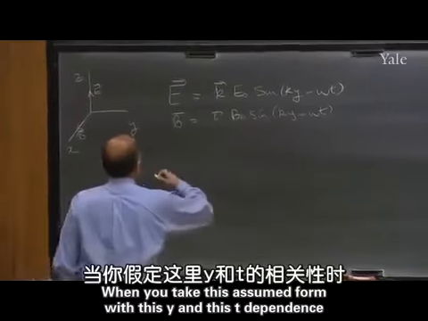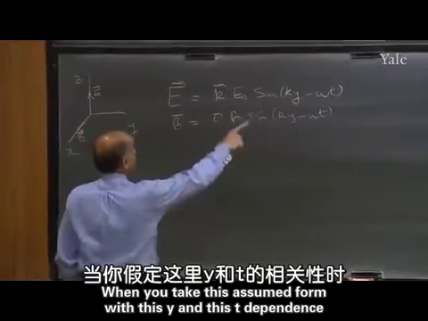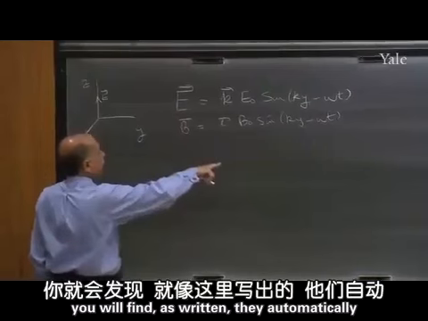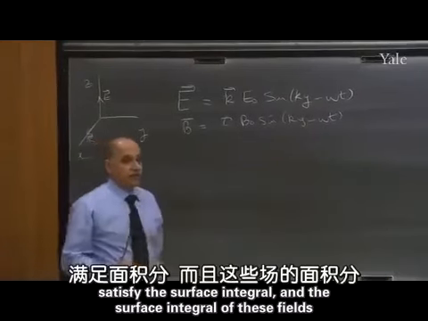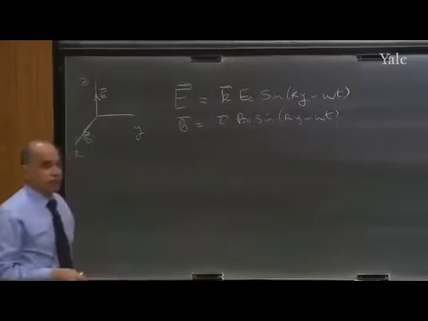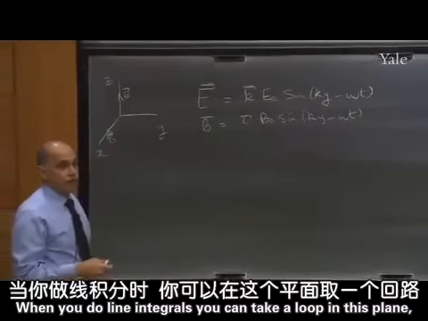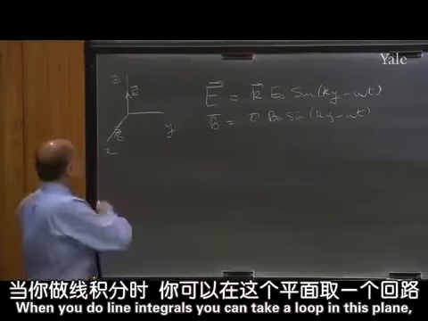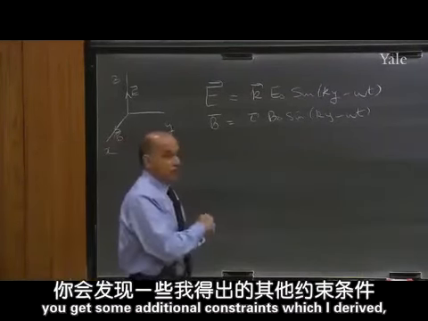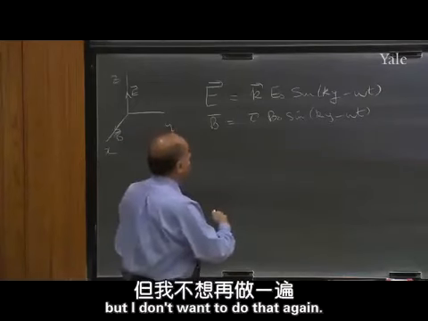When you take this assumed form with this y and this t dependence, you will find, as written, they automatically satisfy the surface integral. Namely, the surface integral of these fields on any tiny cube will be 0. When you do line integrals, you can take a loop in this plane and that plane and the third plane, and you fool around, you get some additional constraints, which I derived, but I don't want to do that again.